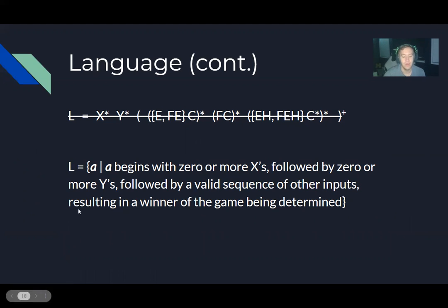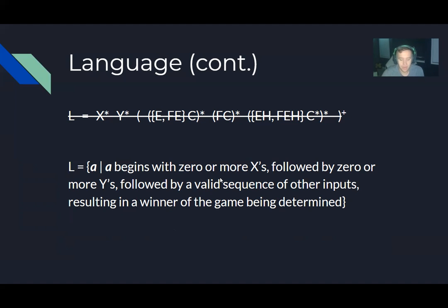First of all, a winner of the game being determined, meaning it's not going to say who won, it's just going to say did someone win. From the perspective of the survivor, it's not going to say did you win or lose, it's going to say yes or no, right?